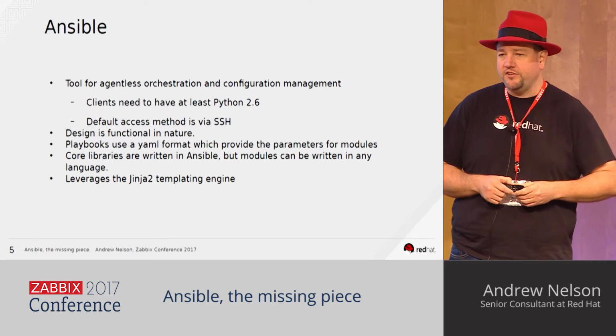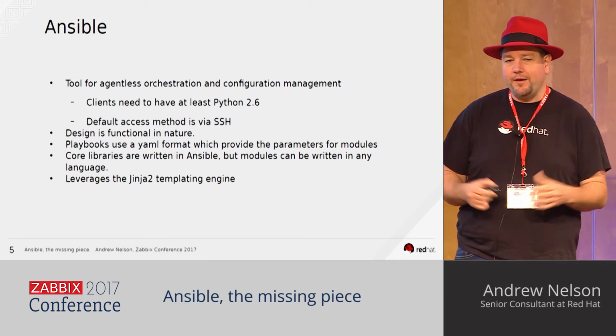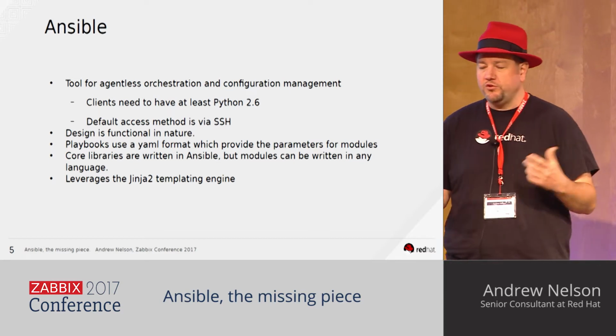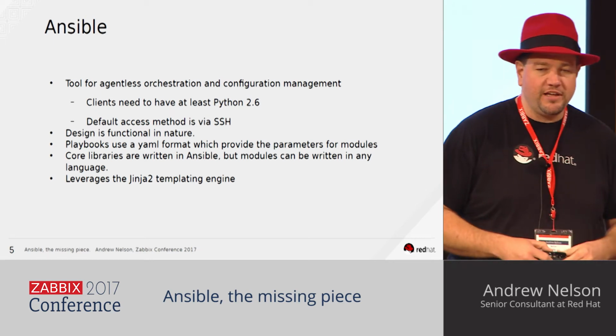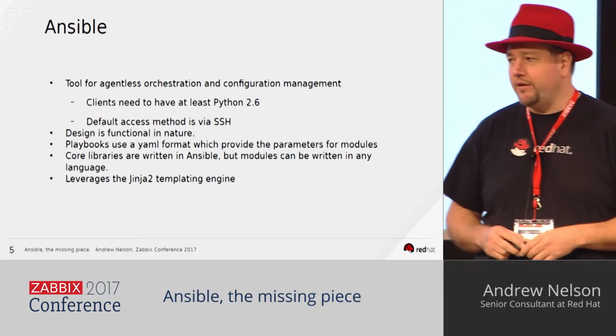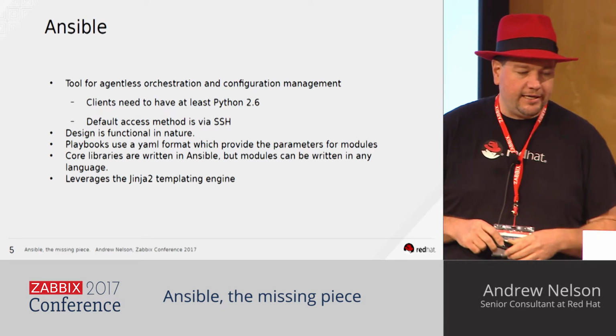The default access method that Ansible leverages is SSH. So Python 2.6 happens to be installed by default in most Red Hat derivatives. Most of our libraries run with Python, so you're going to find that by default on almost every Red Hat derivative, and for the most part today on most Linux distributions.